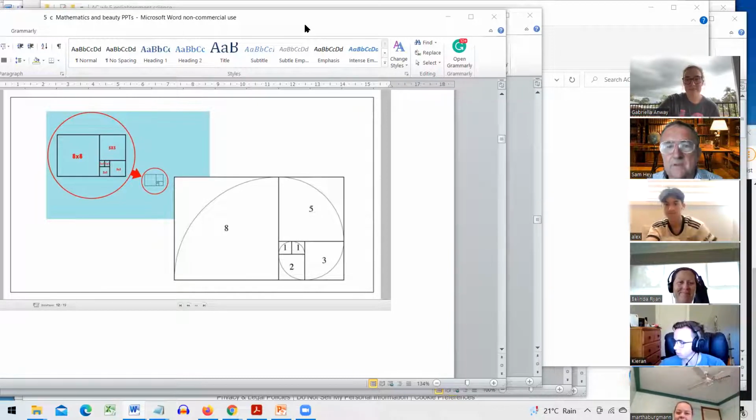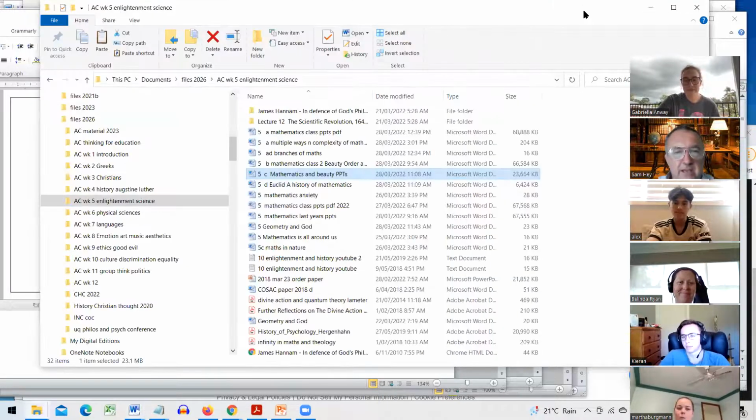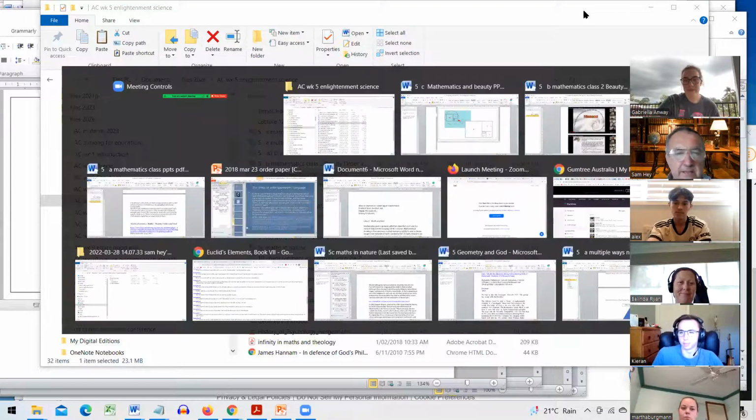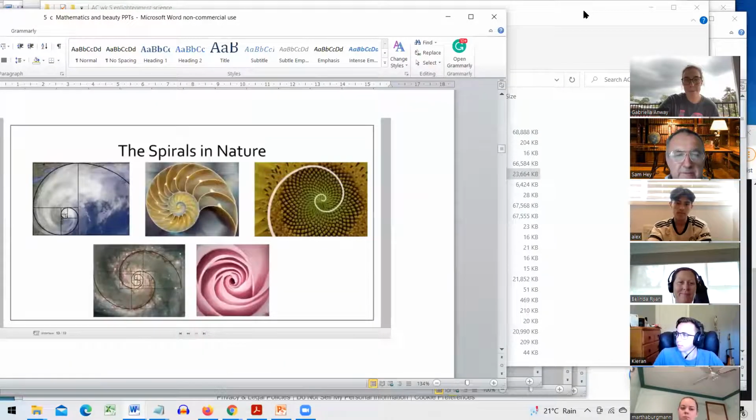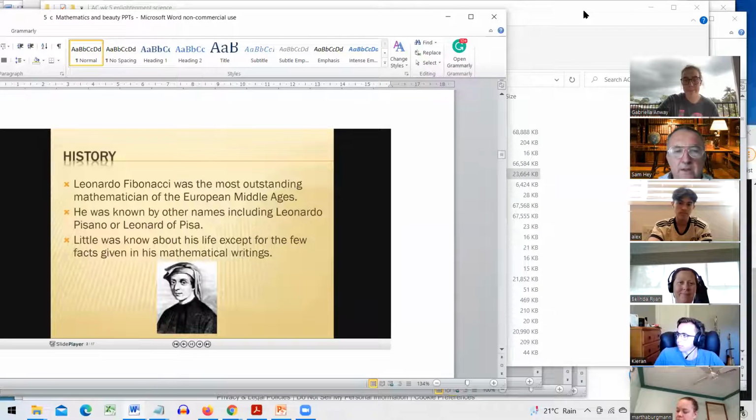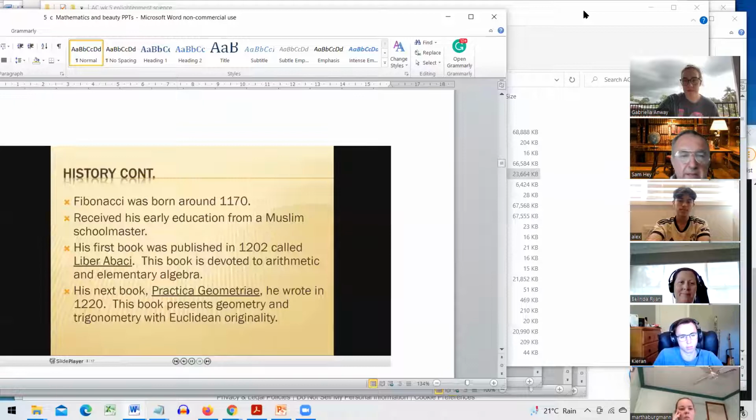And certainly Fibonacci contributes to this understanding. As a brief review, Leonardo Fibonacci, one of the most outstanding mathematicians of the European Middle Ages, known as Leonardo Pisano or Leonardo of Pisa, was born about 1170, so it's in the scholastic period.